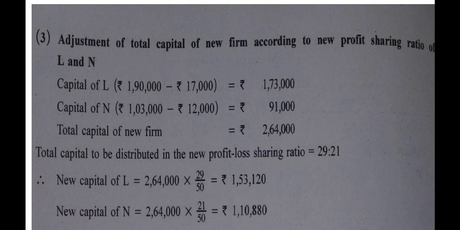But it shows 1,73,000, and now they say it is to be kept at 1,53,120 only. So what is the amount of difference? Instead of 1,73,000, you are supposed to write down 1,53,120 as per the calculations of new ratio. So what about the remaining amount, which is 1,73,000 minus 1,53,120? The amount of difference is 19,880. What about that amount?